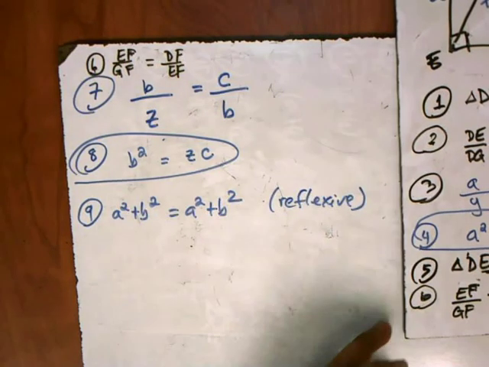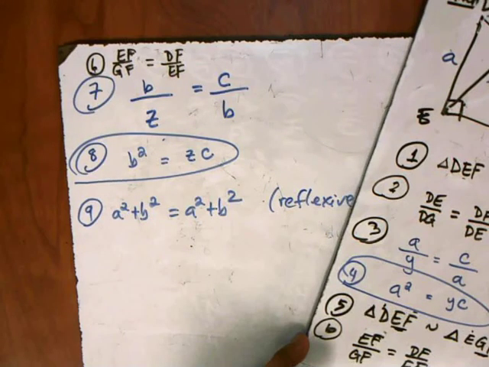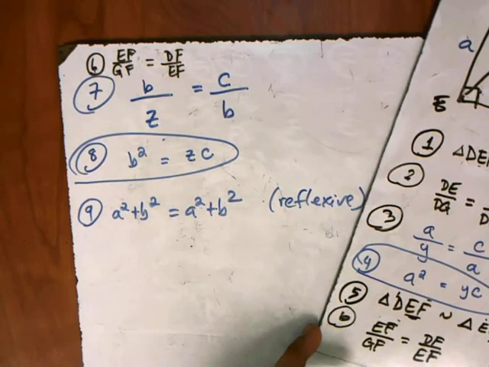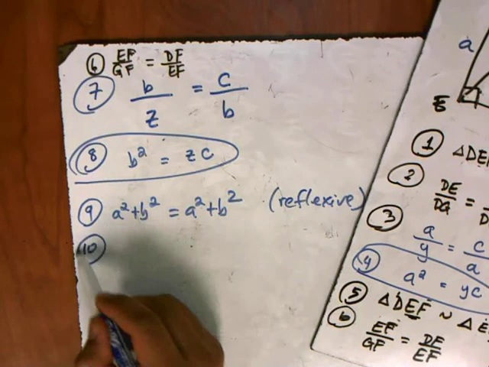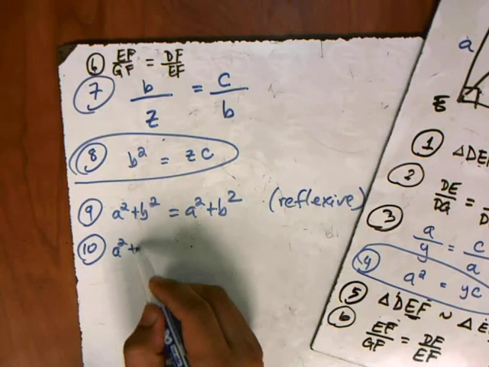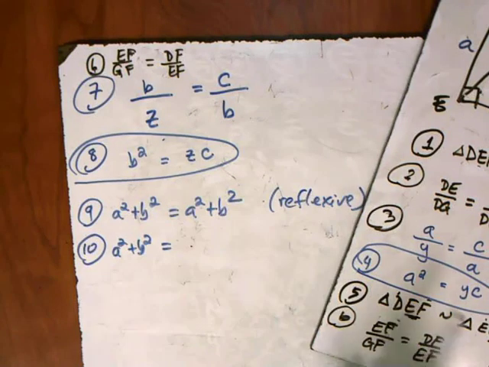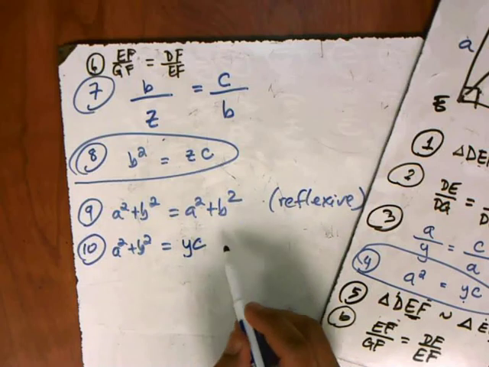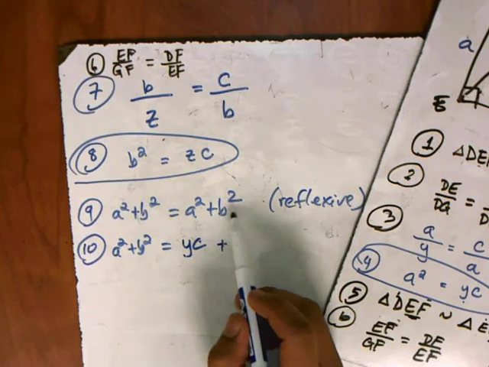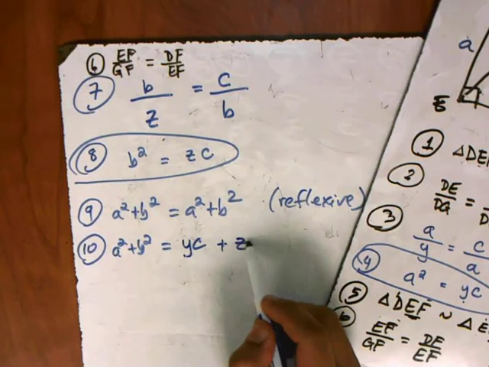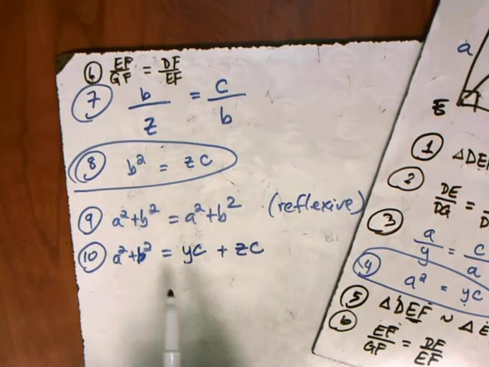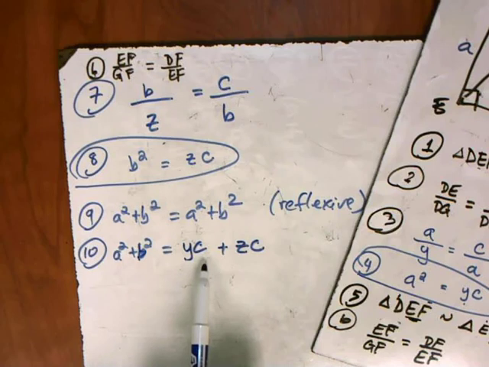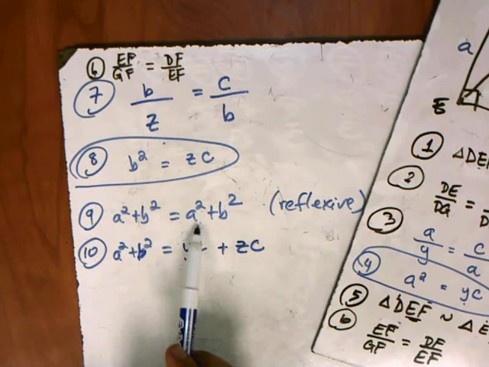It seems silly, but it is actually incredibly useful. Then I'm going to substitute. I'm going to leave the left side alone, A squared plus B squared. But on the right side, instead of writing A squared, I'm going to write YC, and instead of writing B squared, I'm going to write ZC. So I left the left side alone, and I've substituted values for the right side.